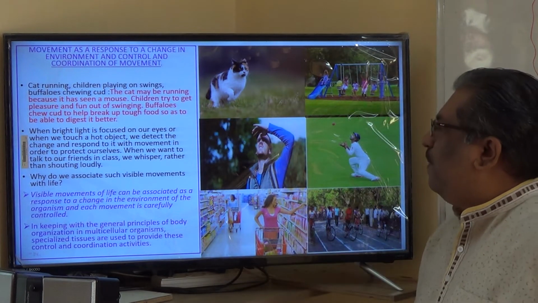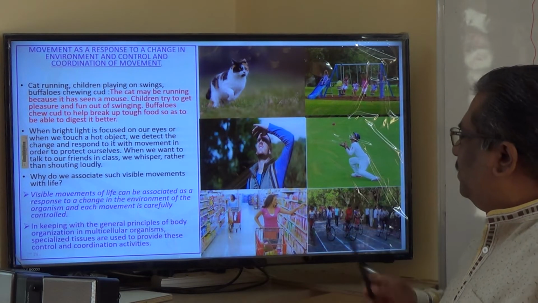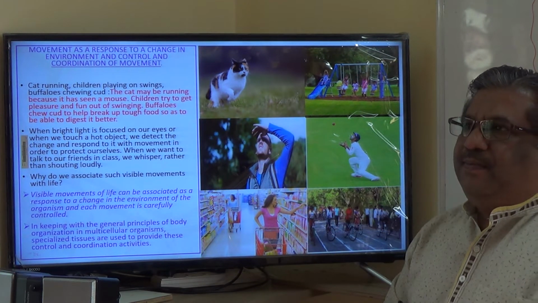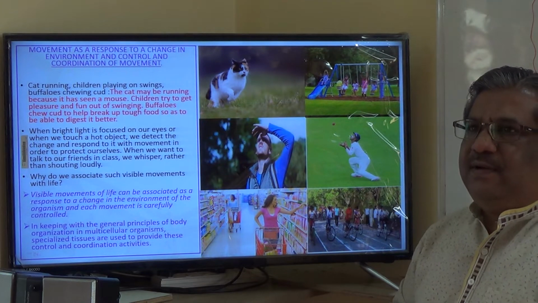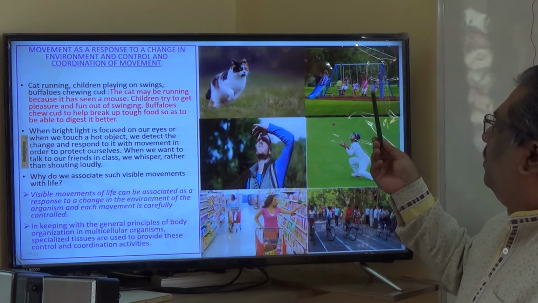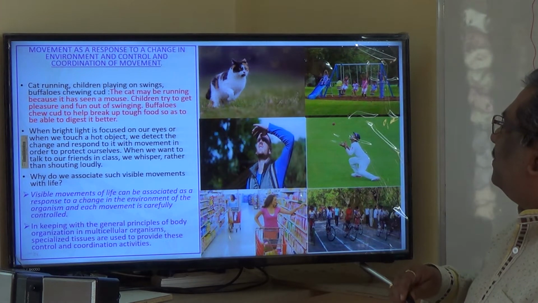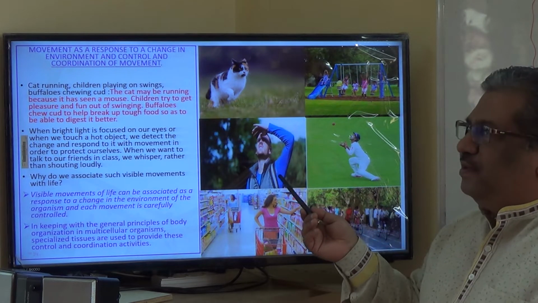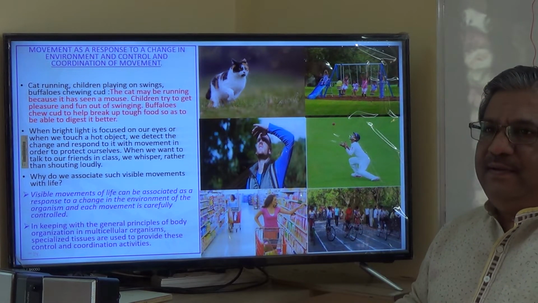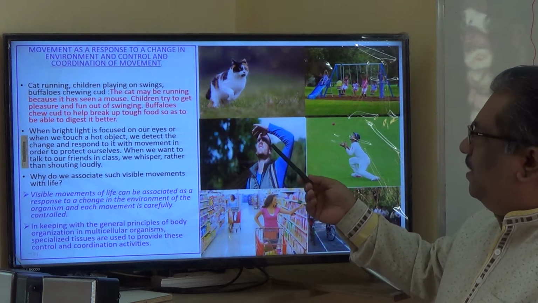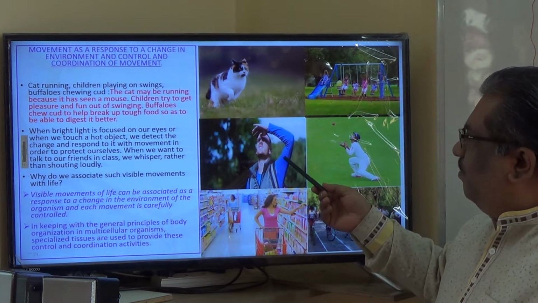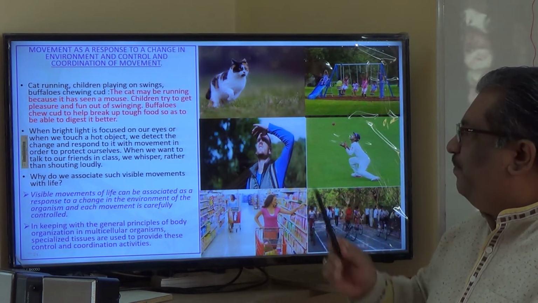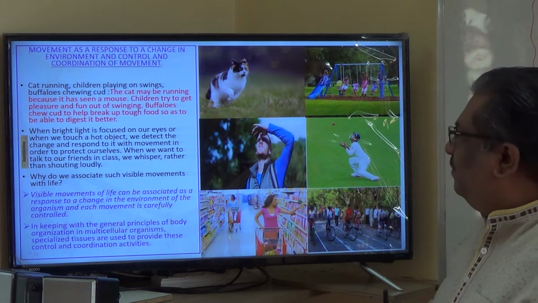Here, these are some of the pictures wherein this cat is running. Probably it is looking for a rat. The children are playing on the swings. Here, a person, when he is seeing the sunlight, is closing eyes and also bringing his hands above his eyes to protect the eyes.